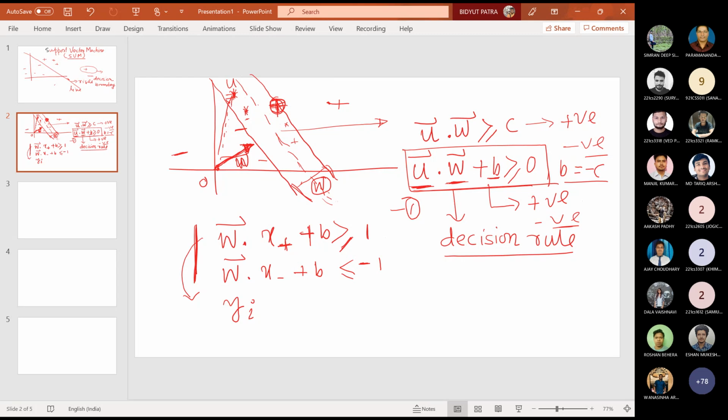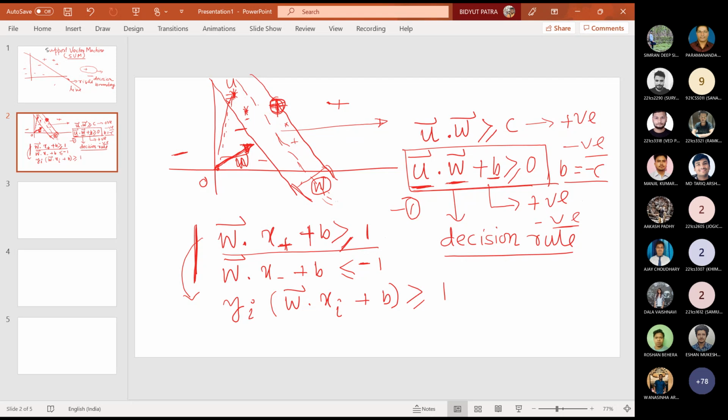Now we multiply yi with this equation. If the sample is positive, yi into w dot xi plus b is greater than or equal to 1.